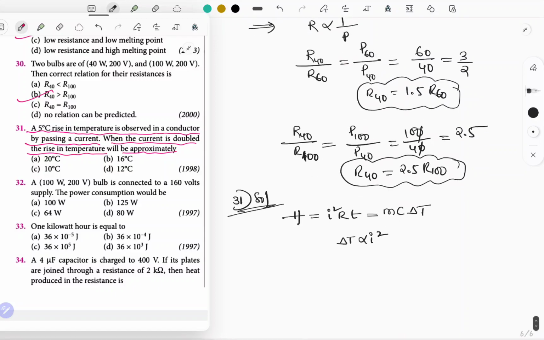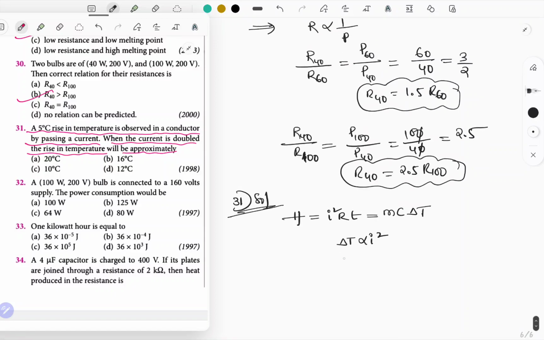When the current is doubled, the rise in temperature they are asking. So delta T2 divided by delta T1. Rise in temperature is nothing but change in temperature, which is equal to I2 squared divided by I1 squared. I2 is how many times of I1? It is double, no? 2 times of I1 divided by I1 whole squared.